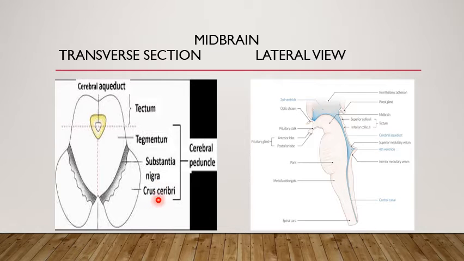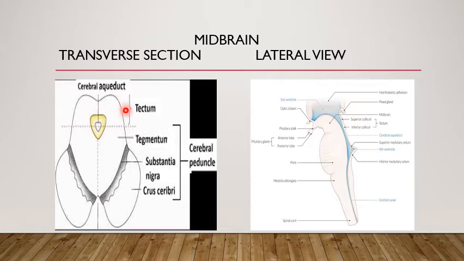The first is the crus cerebri, the second is substantia nigra, and the third is tegmentum. Okay, now talking about the cerebral aqueduct, it is surrounded by gray matter which contains the nuclei of trochlear nerve and oculomotor nerve.